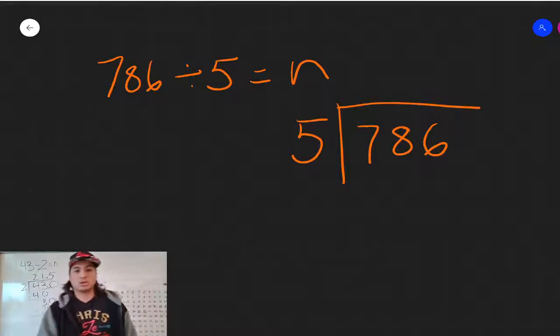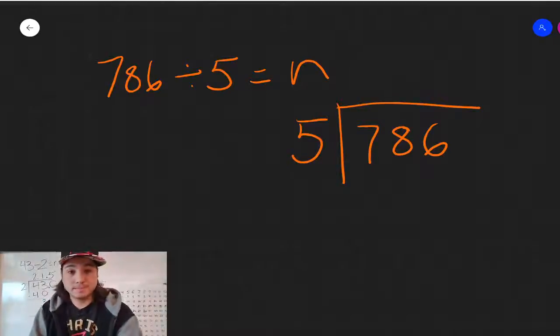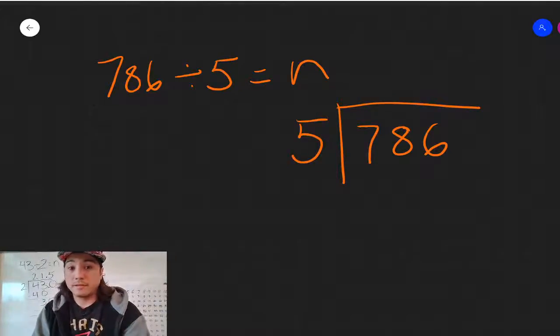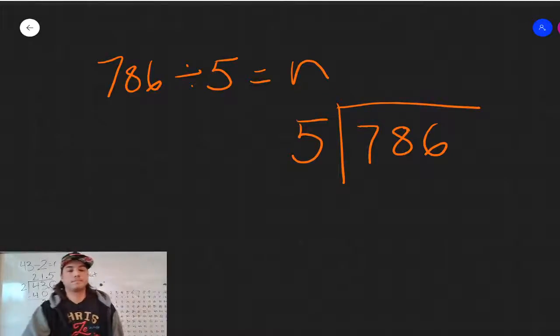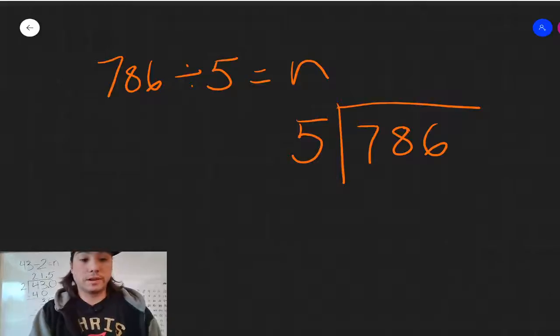Okay, start with the largest place, and then divide. How many can you divide by 5? How many can you put into 5 equal groups without going over? Subtract to find what you have left, then go to the next place you can.